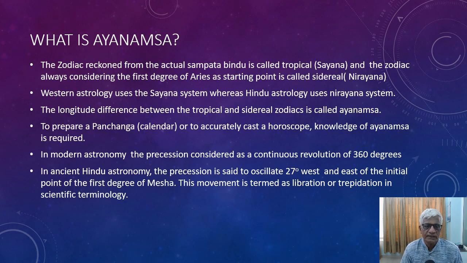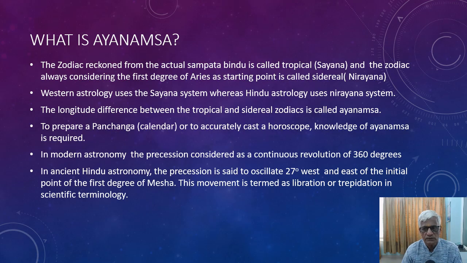The zodiac reckoned from the actual Sampada Bindu, that is, the new position of the equinox year on year, is called the tropical zodiac or the Sayana zodiac.